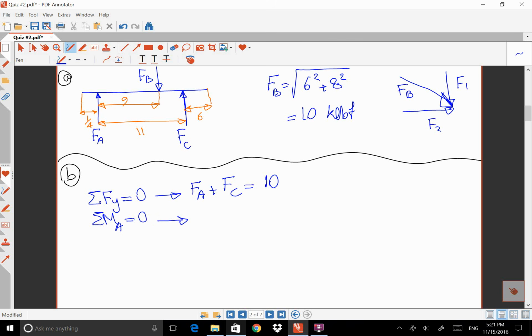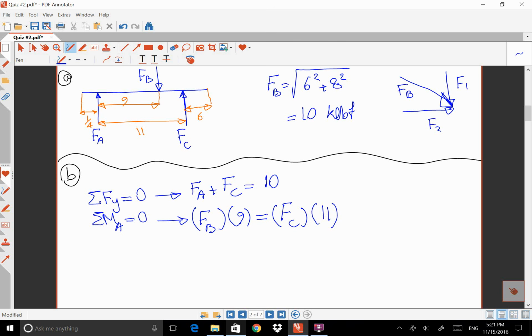And for moment, I have Fb acting at a distance of 9, equals Fc acting at a distance of 11. You can write them in any other order, as long as you keep the signs proper, it doesn't matter.